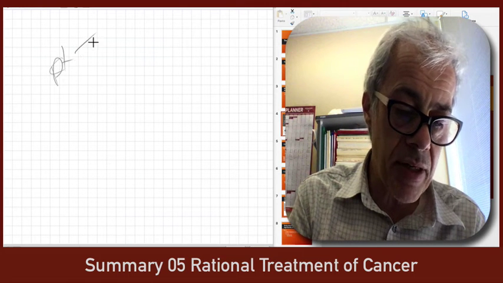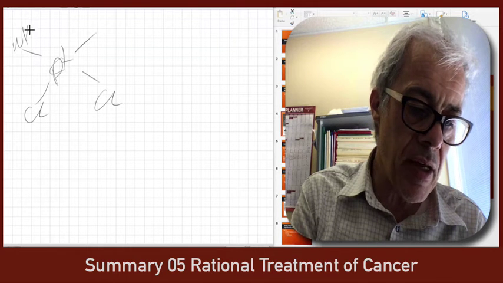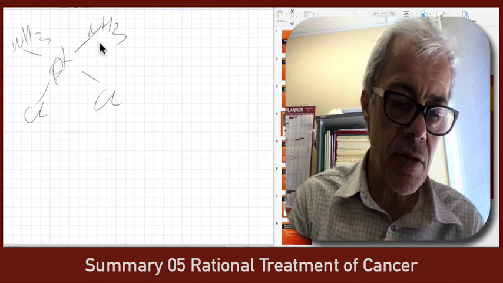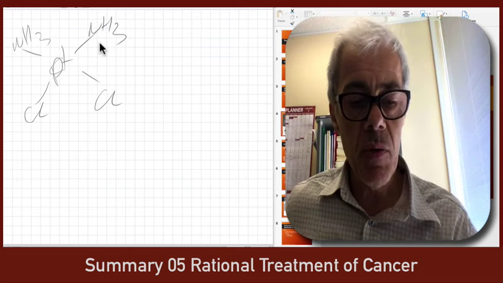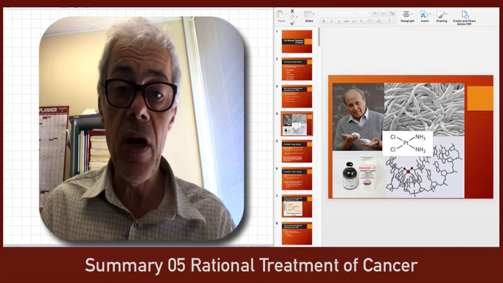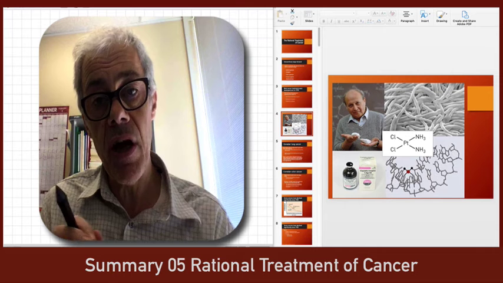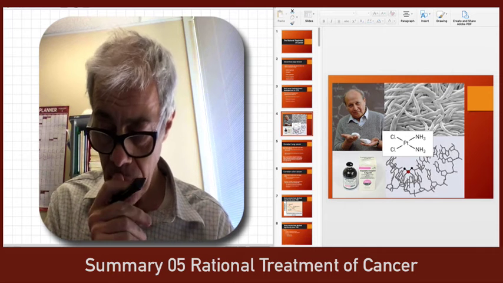So platinum with 2 chlorides and NH3s. This compound, cisplatin, was being produced unbeknownst to Barnett Rosenberg, as he was studying the effect of the electric current running through the buffer.